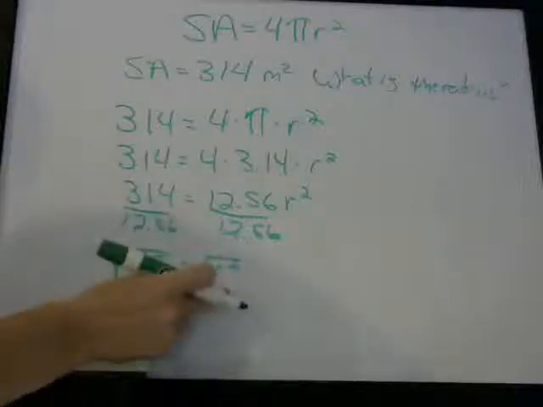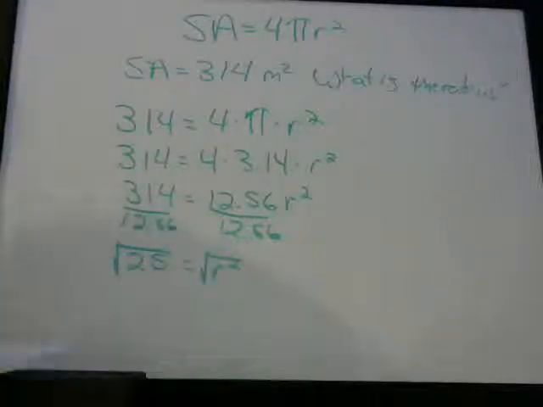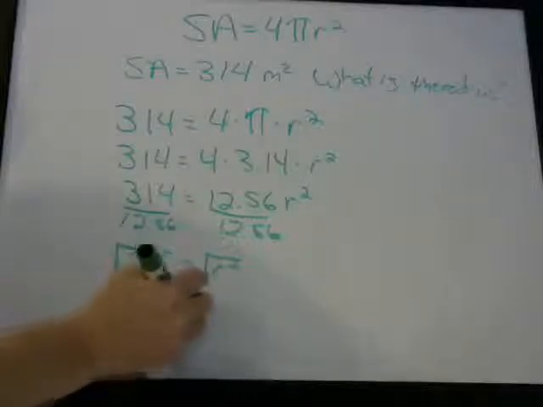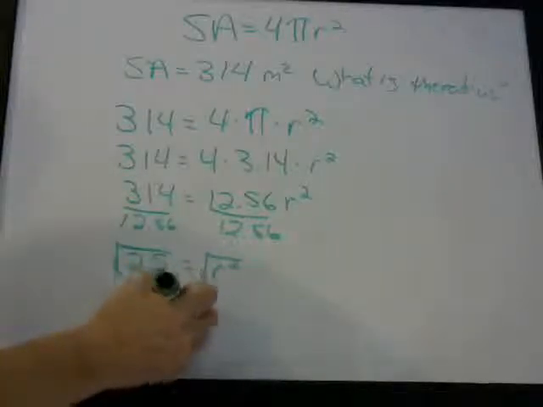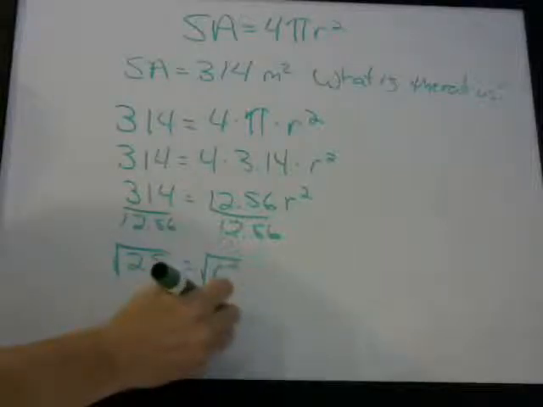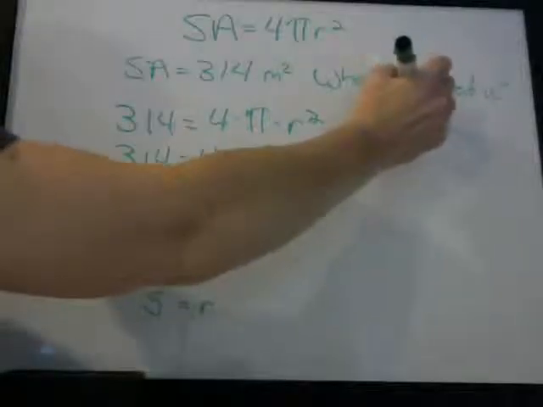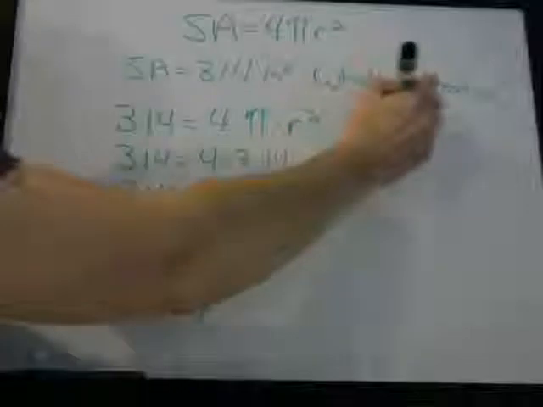If you take the square root of one side, you have to take the square root of the other side. The square root of 25 is 5. If you don't know what square root means, you need to watch that video. So the radius is 5 meters.